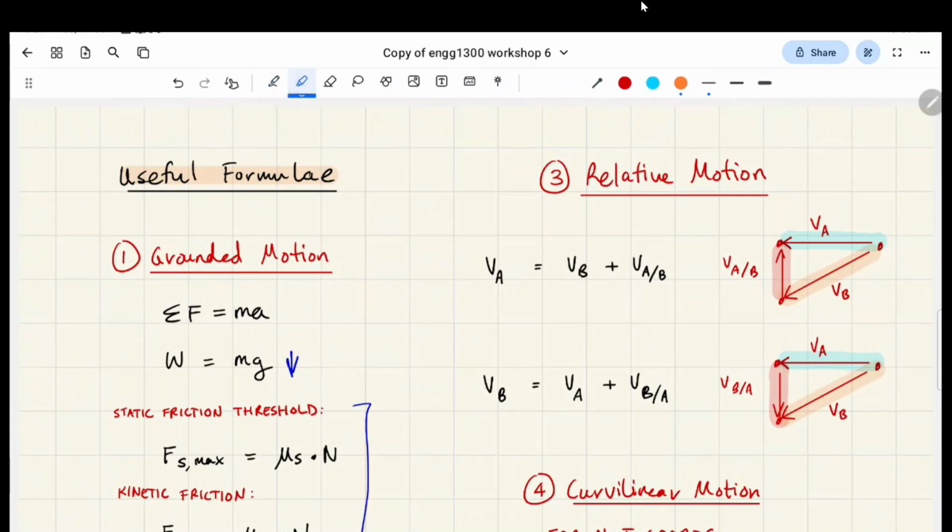So here's the way I always remember it when I'm writing out, because sometimes you're not going to have it called A and B, right? Later you'll see in rigid body kinematics, when you have relative motion questions for that, that sometimes these are called point C, point D, point O, whatever.